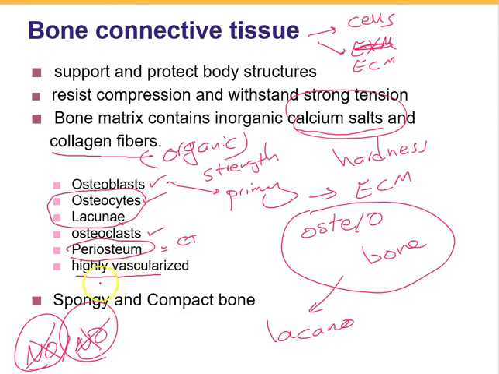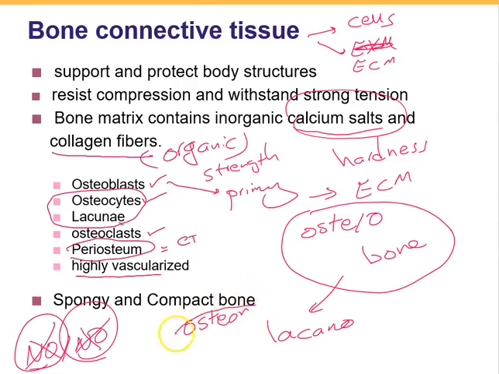Then we can divide the bone connective tissue into two types, spongy and compact bone. Compact bone is dense and hard, and forms the outer layer of bones. It provides strength and protection and contains special structures called osteons. So we can find osteons.